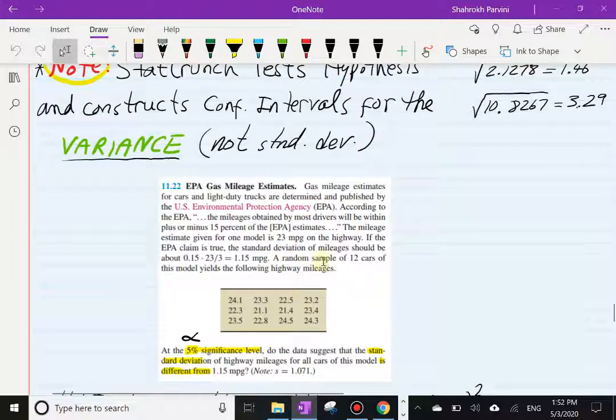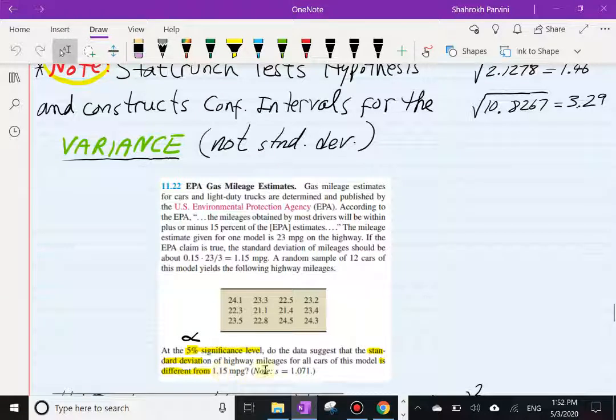A random sample of 12 cars of this model yield the following highway mileage. So there you go. These are the mileages of 12 cars. They're all within about 23 and a half, whatever the average might be. At 5% significance level, do the data suggest the standard deviation of highway mileages for all cars of this model is different from 1.15?